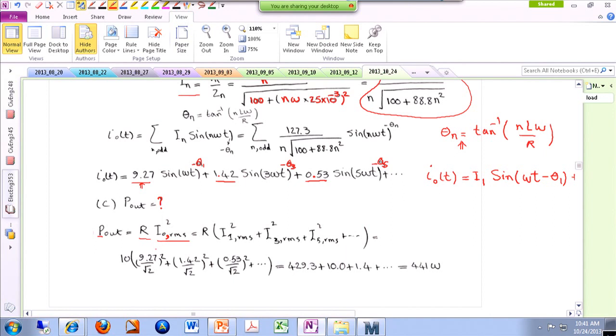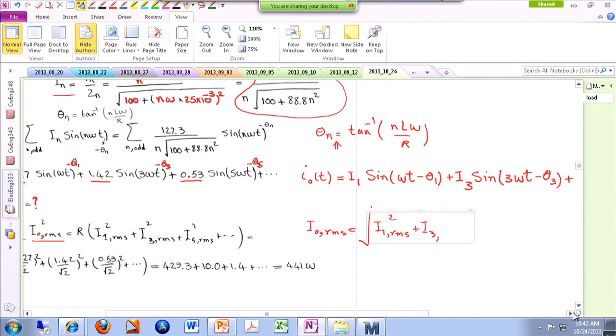So, again, going back to the original definitions that we had for the RMS value of a signal, remember we had this definition. Let me just write it as it is: I1 RMS squared, I3 RMS squared, and so on.